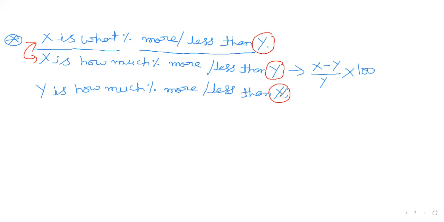So the difference of x and y goes in the numerator, and the x goes in the denominator, right? So y minus x upon x into 100.